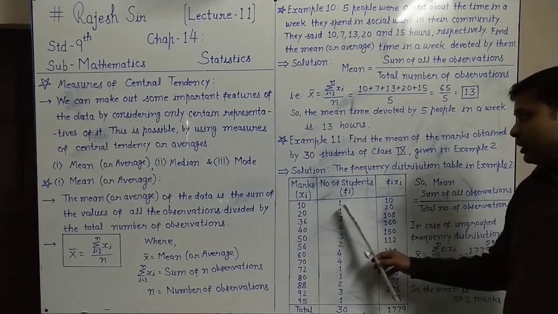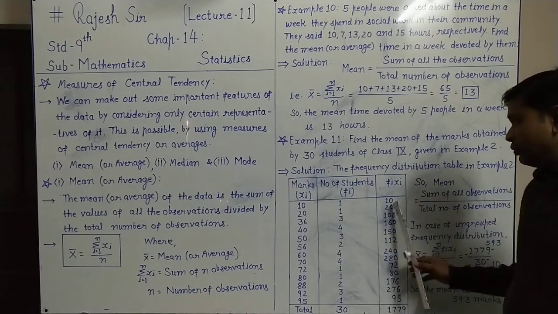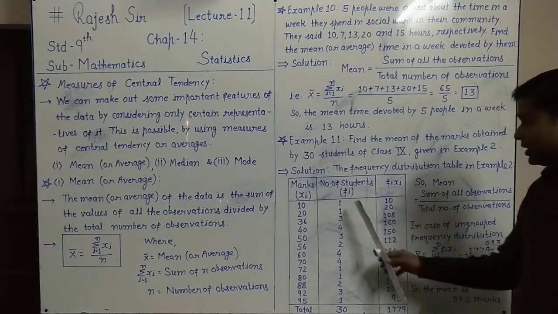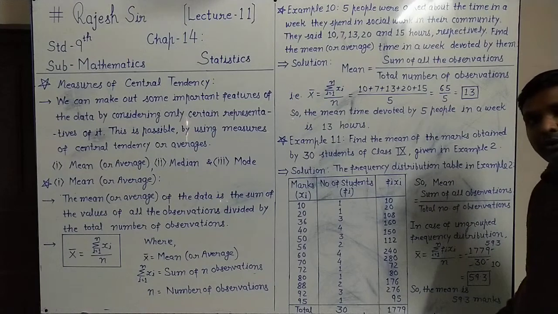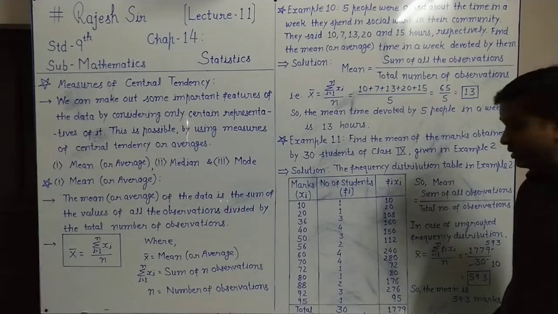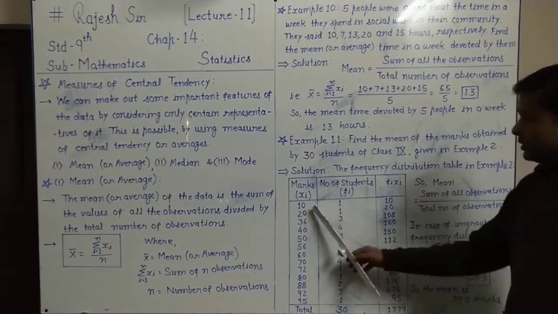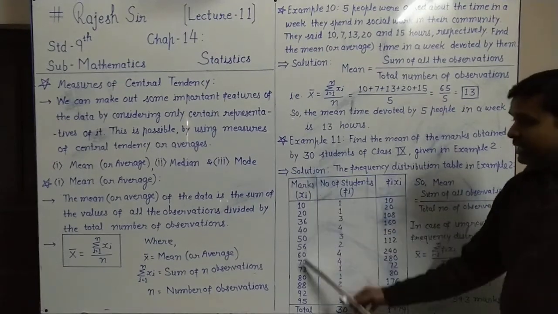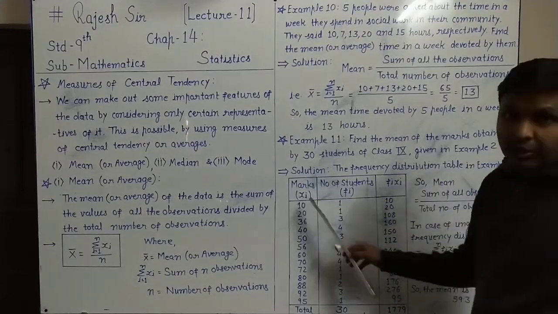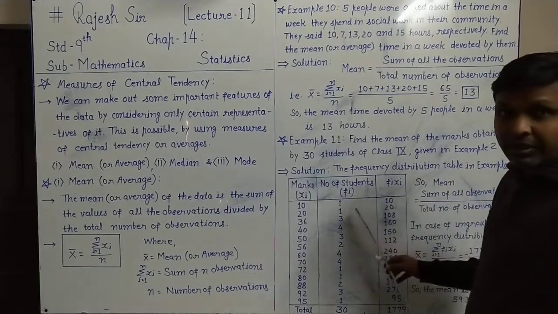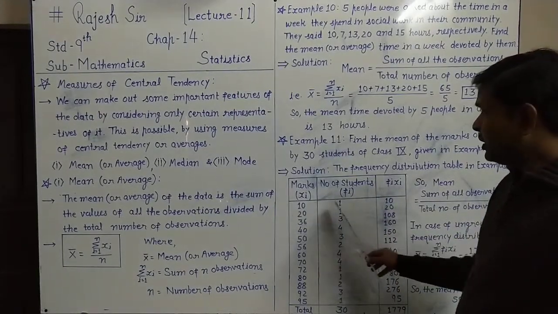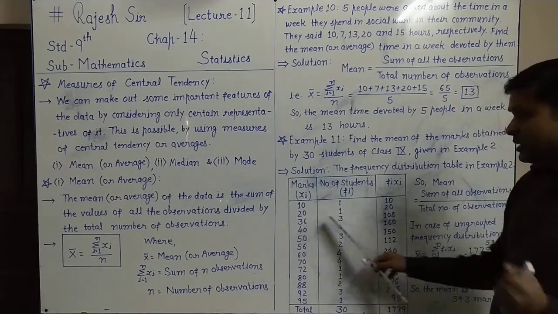10 marks, number of students is 1, 10 ones are 10. This way, this number will also give the sum of all the marks of the observations. The marks given are denoted as xi, the observations, and the number of students is fi, the frequency. It means 10 is 1 time, 20 is 1 time, 36 is 3 times.